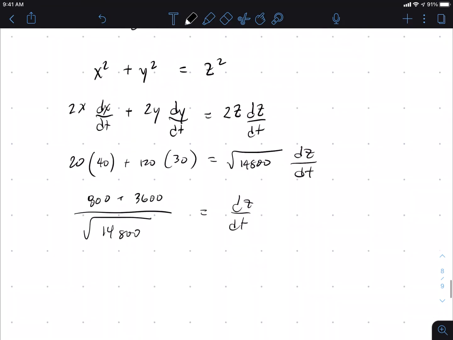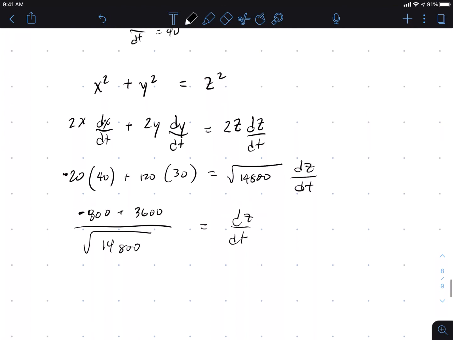You know what? I got the wrong sign. You want to know why I got the wrong sign? The direction? No, it's not the direction. This 20 should be a negative 20, not a positive 20, which makes this a negative.